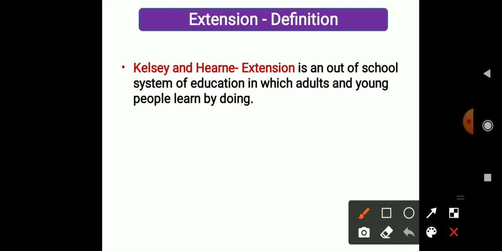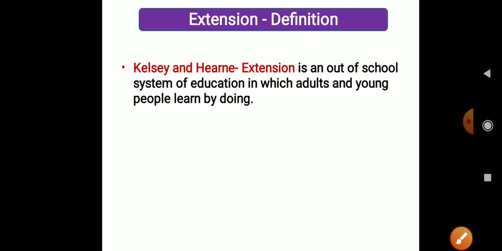The word extension. So extension is an out of school system of education in which adult and young people learn by doing. Very simple one. We have to bifurcate. Extension is an out of school system of education. Now, what is the school system of education?